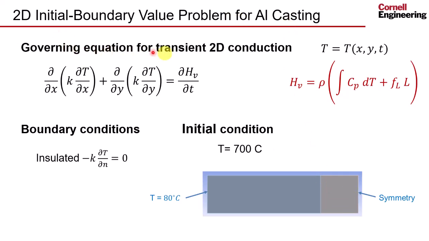The 2D initial boundary value problem for the aluminum casting is a little bit different. You again go to the governing equation for transient 2D conduction, except that now on the right hand side you write the change in energy in terms of change in enthalpy with time. And that's because the change in temperature with time, when there's phase change, for pure aluminum is 0, but there's a change in enthalpy.